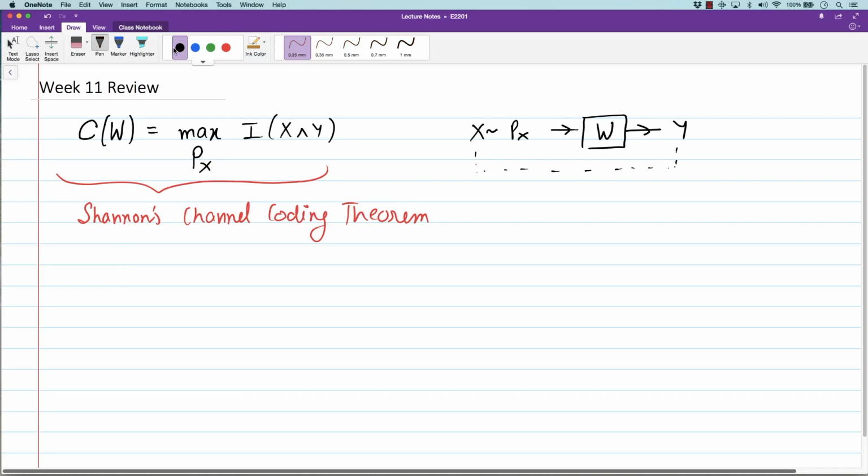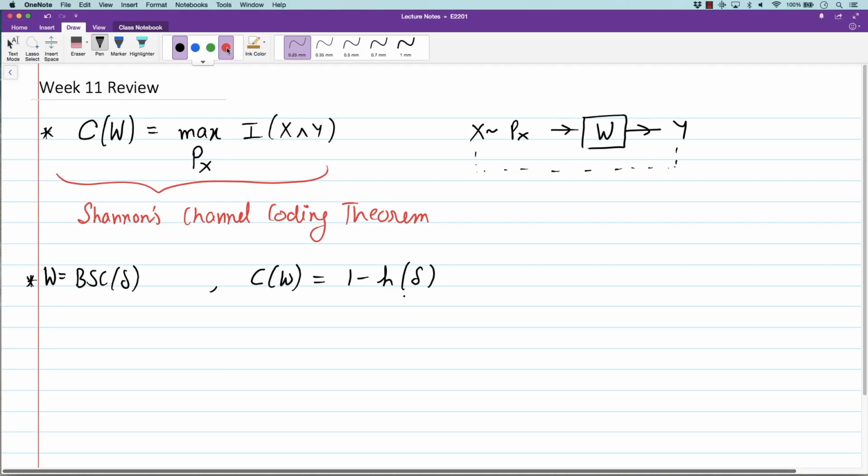One thing we saw was that it's easy to see how this works for the binary symmetric channel. So for the binary symmetric channel with flip over probability delta, the channel capacity C(W) is given by 1 minus H(delta), where H is the binary entropy.